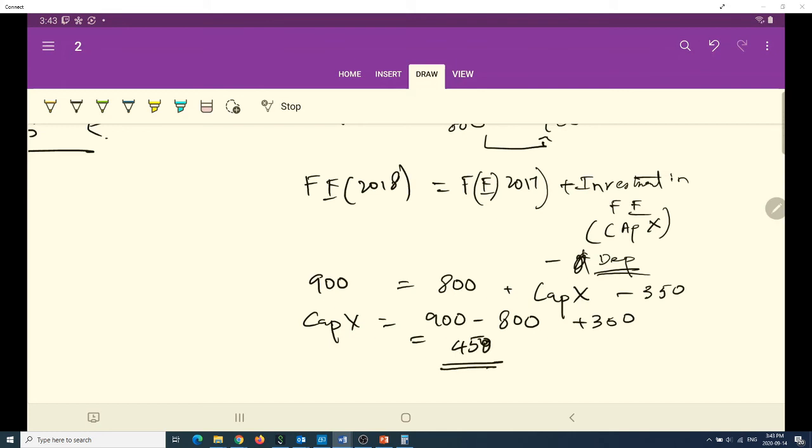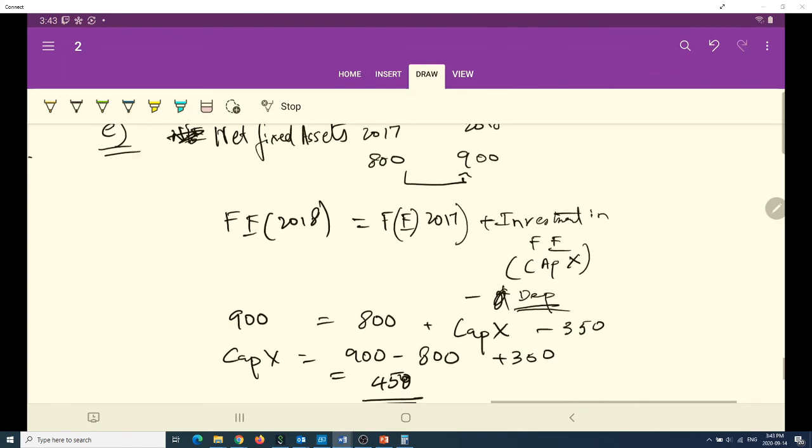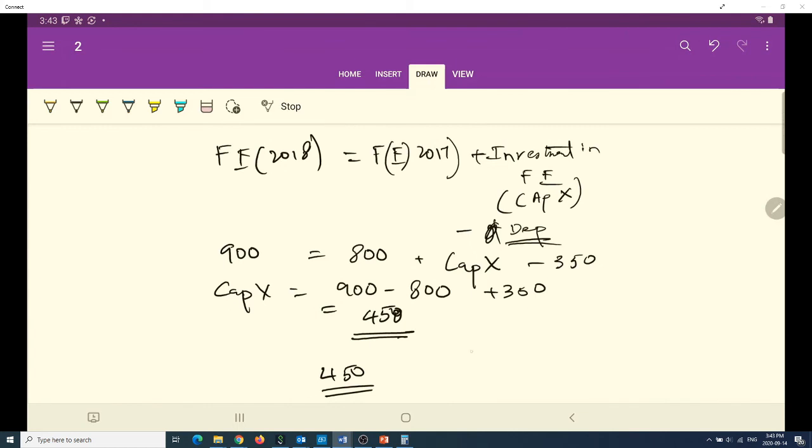Okay, so the idea is you made new investments of 450. So think of your net fixed assets in 2017 as 800.